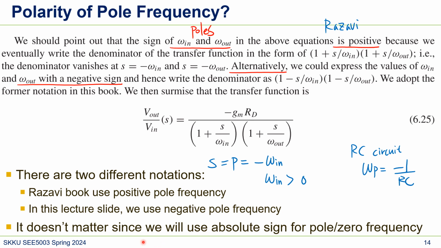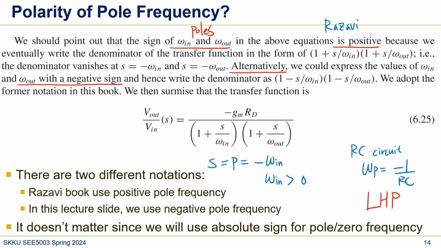But at the end of the day, it doesn't matter, because when we plot the graph, we are just using the absolute value of the pole and zero frequency. So in our lecture slide, just assume that the pole is negative, and this also has a good advantage because it gives us the information that the pole is in the left half plane.